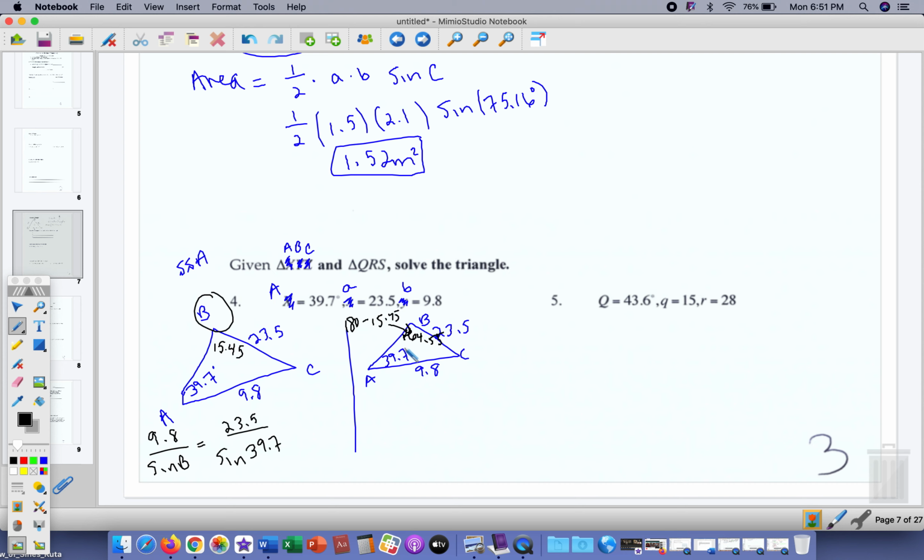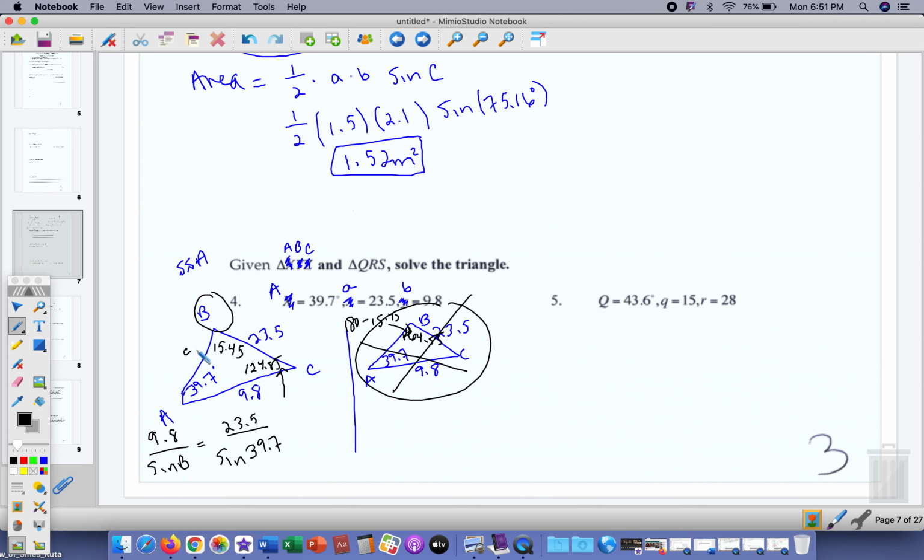But if you add that with 39.7 to find angle C, it's too big. So you're not going to have two triangles in this situation. So then over here we can finish this off, and then we find the last angle, 180 minus the other two, and so we end up with 124.85.